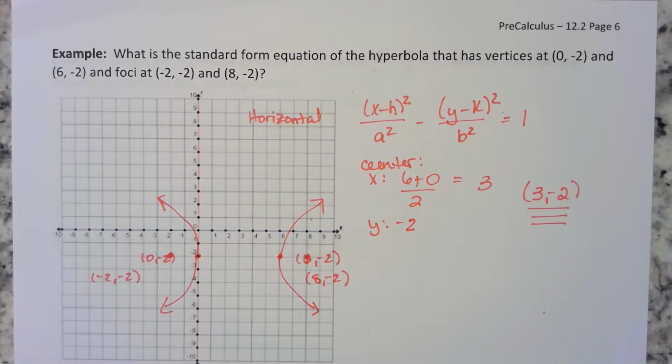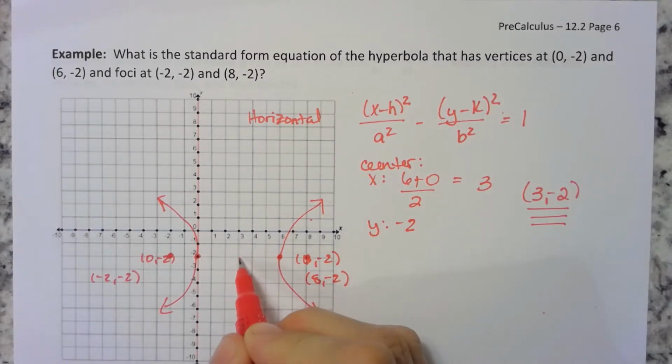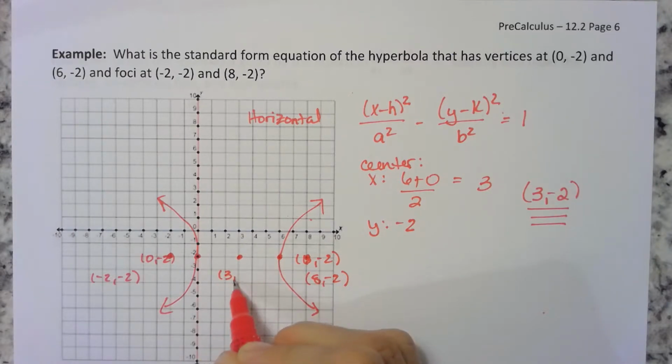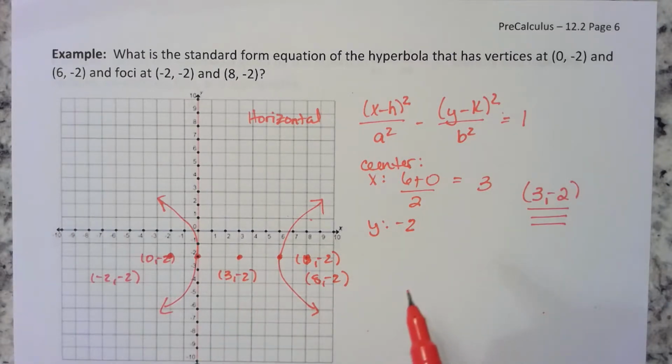Okay, so how do we get our c value? Well, we know (3, -2) is our center. And c is equal to the distance from the center to the focus, right? So let's just look at this side.